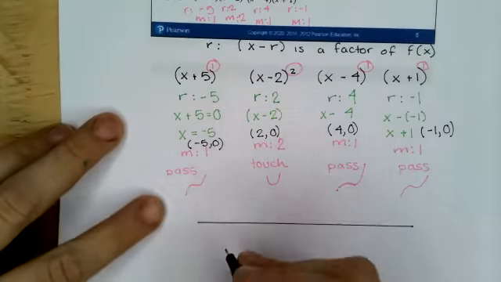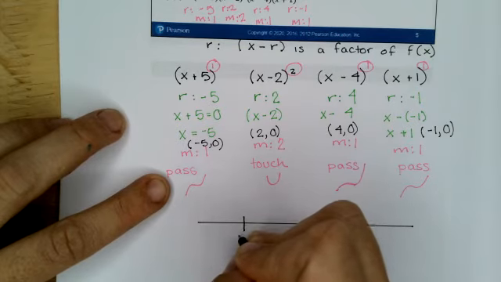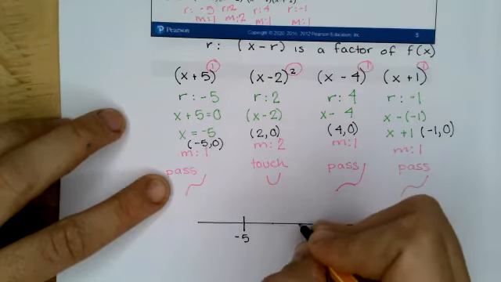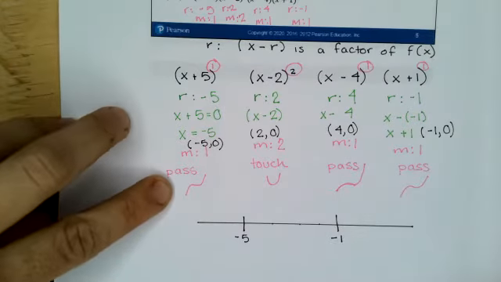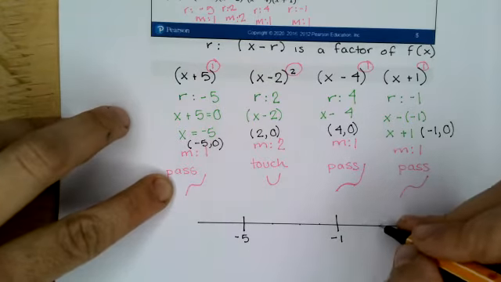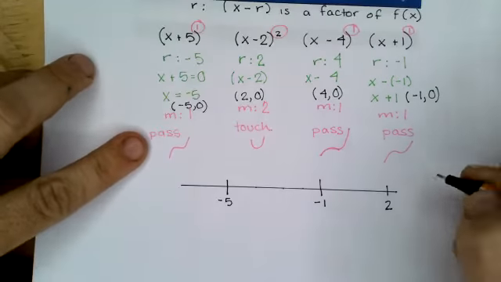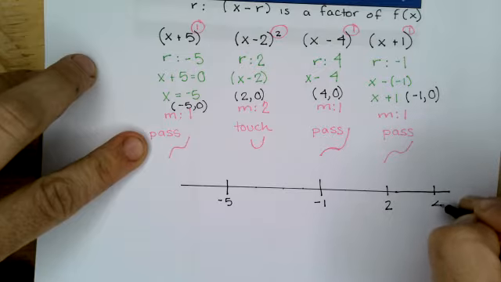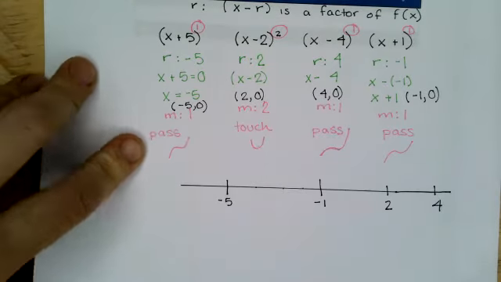Let's put those in order. So we have -5, it's going to pass. -1, it's going to pass. +2, it's going to touch. And 4, what did we say?